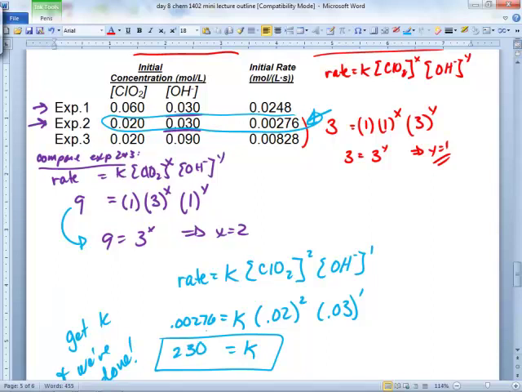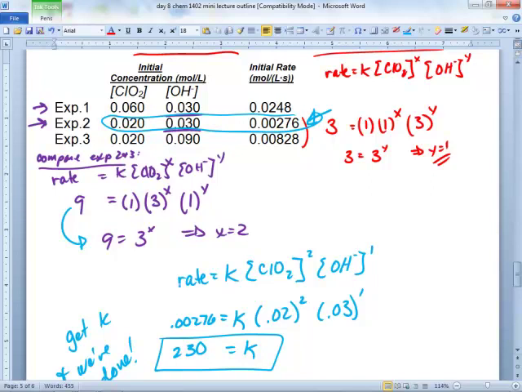So you got to use these on the exam and stuff. Okay, the units. That's going to be an ugly mess, but we could do it here.